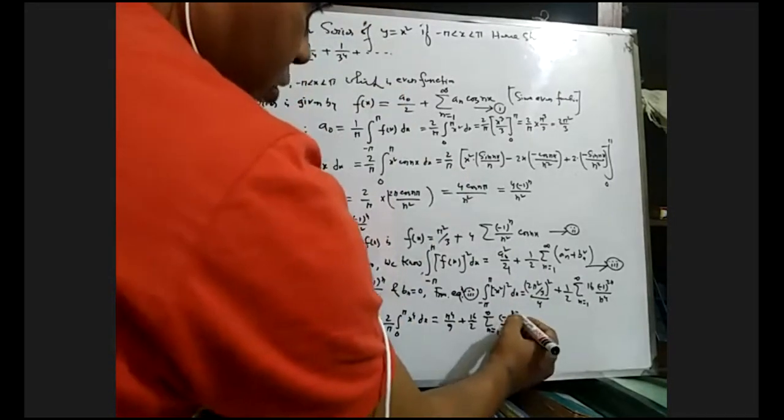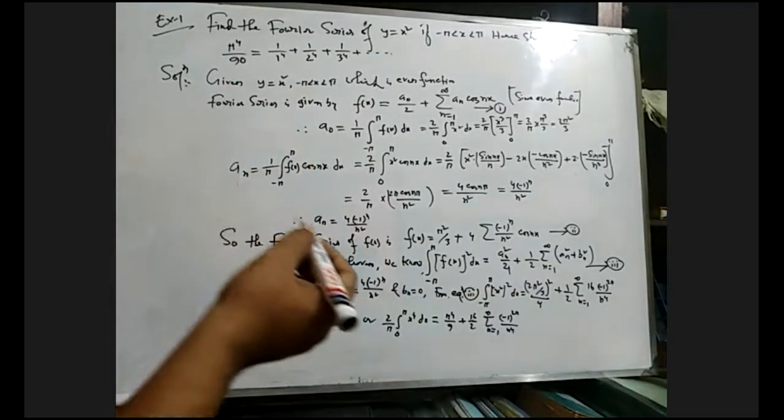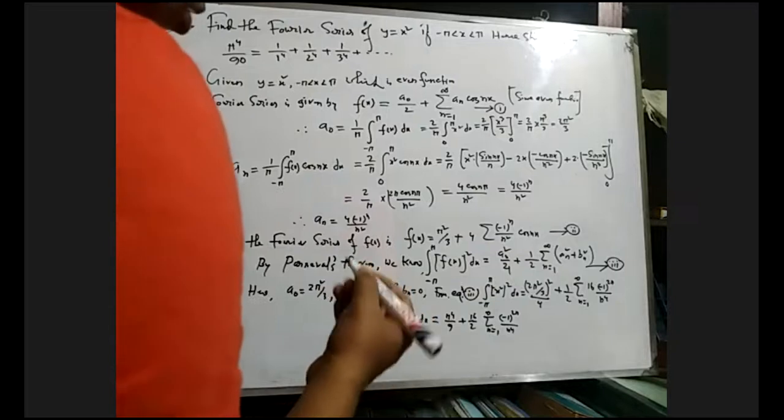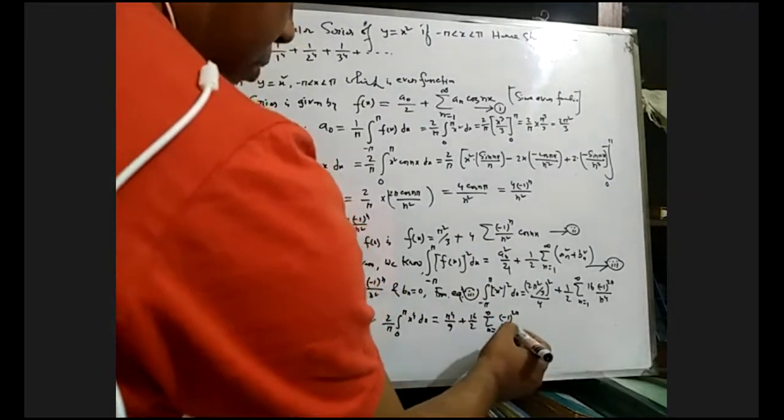You must know twice n is an even number. So minus 1 to the power even number will be what? Always 1. So we can write 1 by n to the power 4.